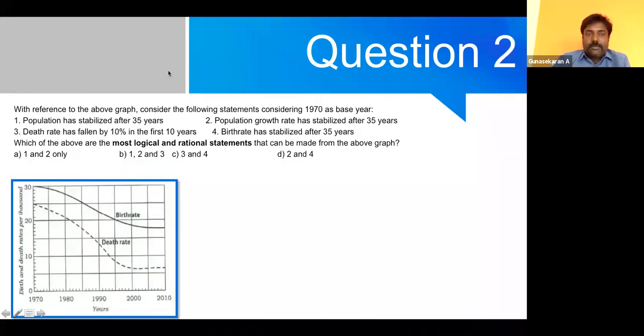Next question. With reference to the above graph, consider the following statements from 1970. Population was stabilized after 35 years. From 1970 you have to answer. After 35 years means 10, 20, 35.